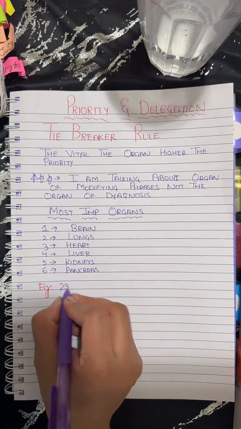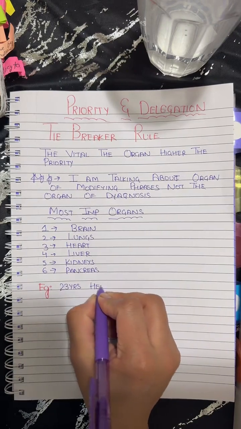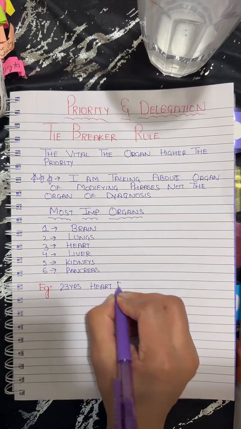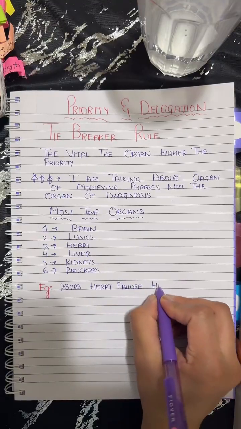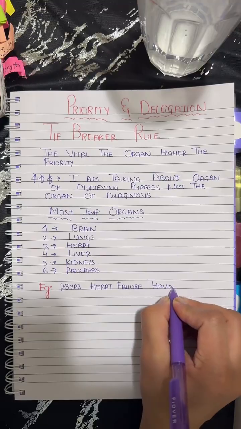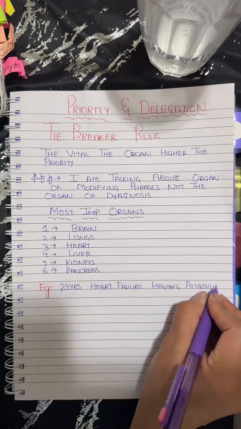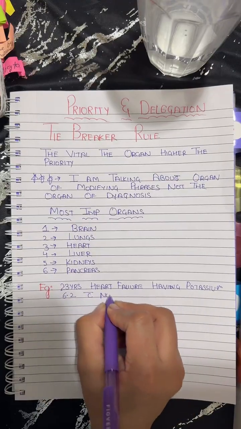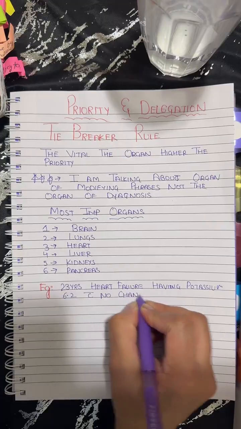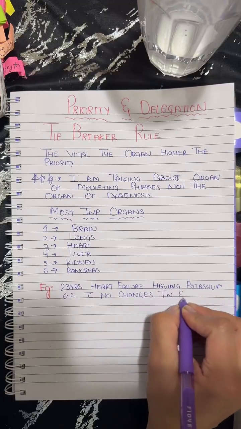Option 1: 23 years, heart failure, having potassium 6.2 with no changes in ECG.